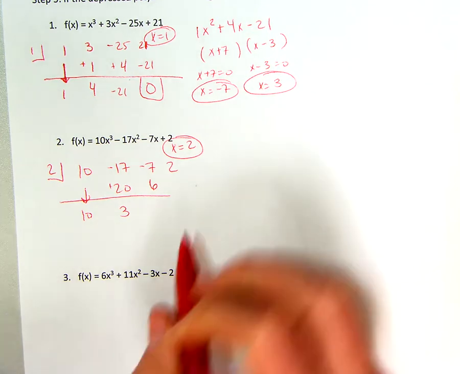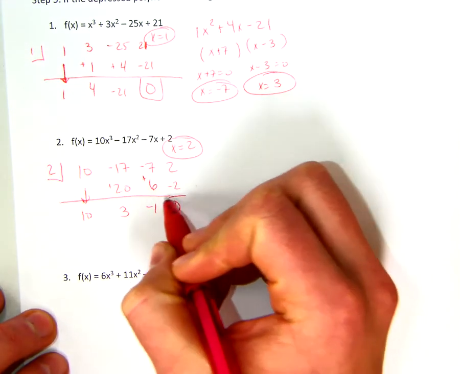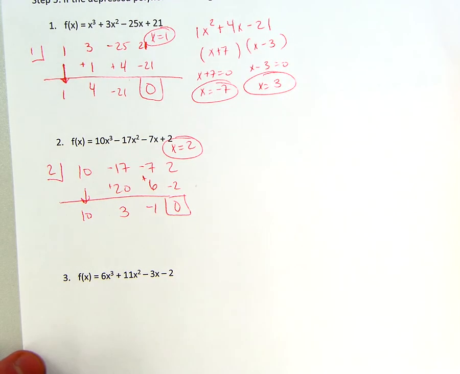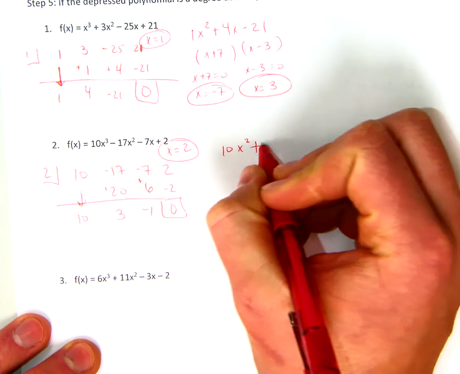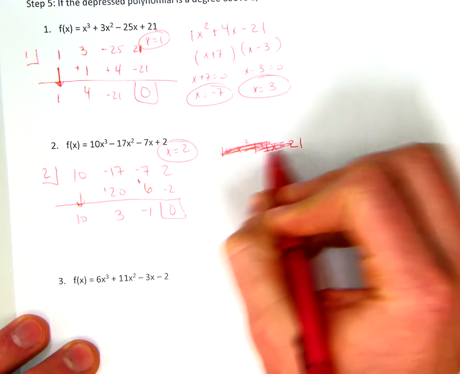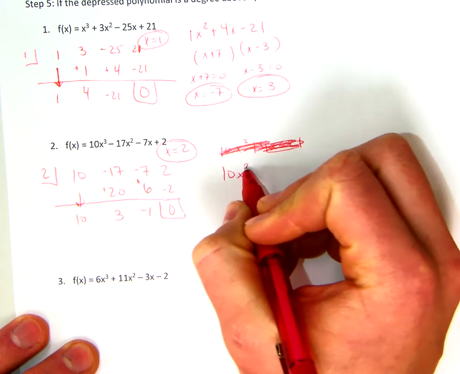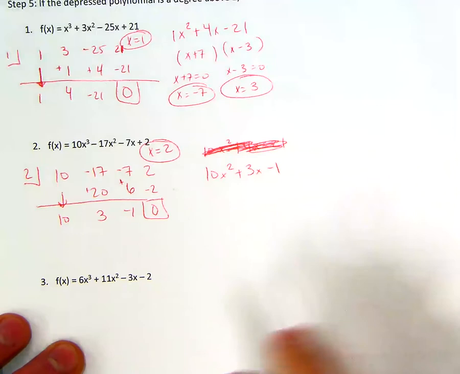Negative 7 plus 6 is negative 1. Negative 1 times 2 is negative 2. We have a 0 there. That should work out. Oh, sorry about that. We have 10x squared plus 3x minus 1. That is the depressed polynomial.